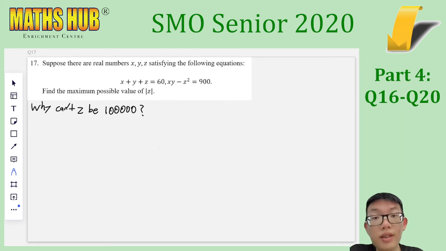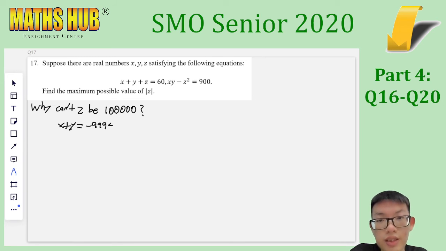Okay. Now let's see what the two equations tell us. If z were 100,000, then x plus y would be 60 minus 100,000, which is something very negative, and xy would have to be 100,000 squared plus 900, so that's a lot of zeros. And why can't they be 100,000?